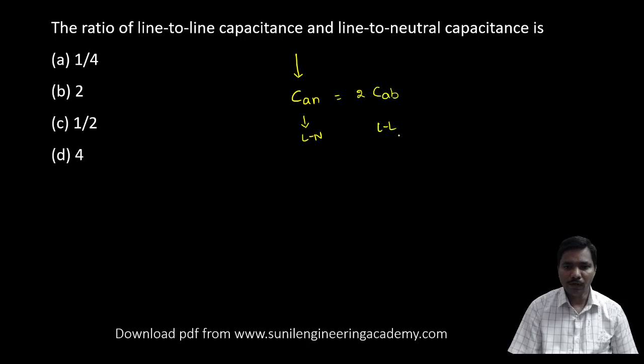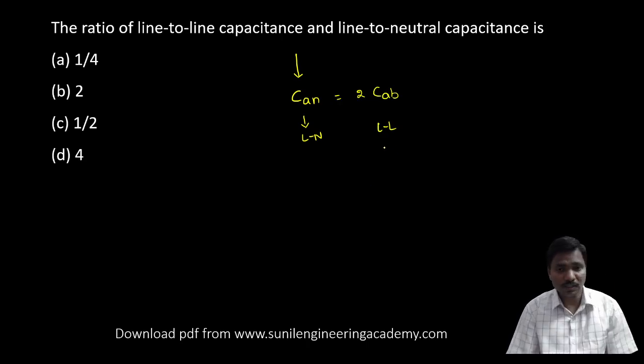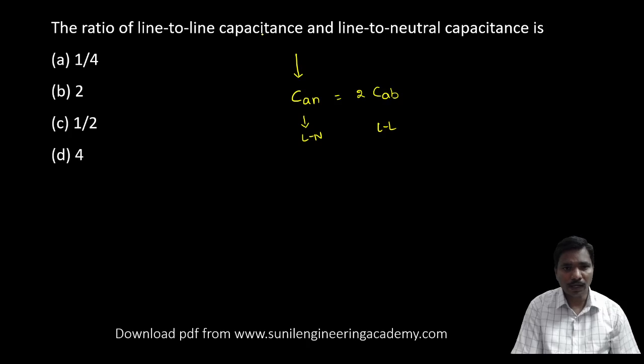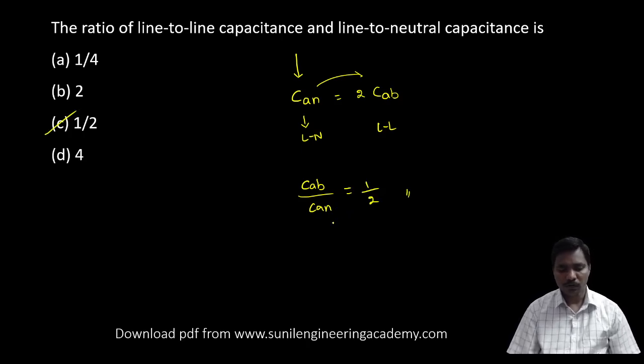So line to line by line to neutral is equal to 1 by 2, and the answer is option C. All of you clear?